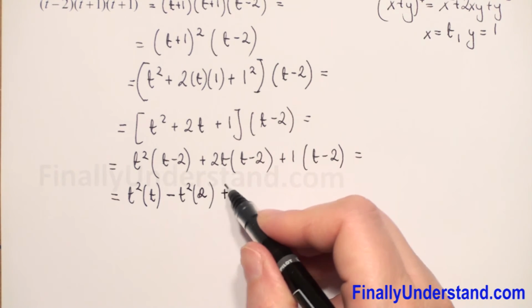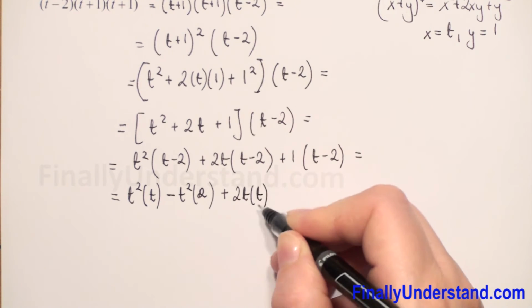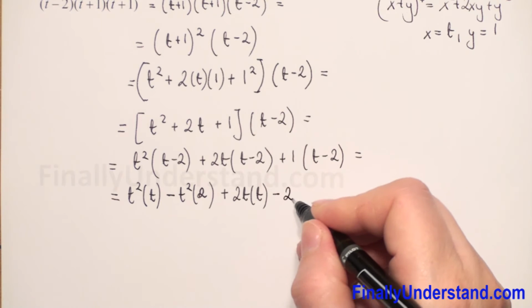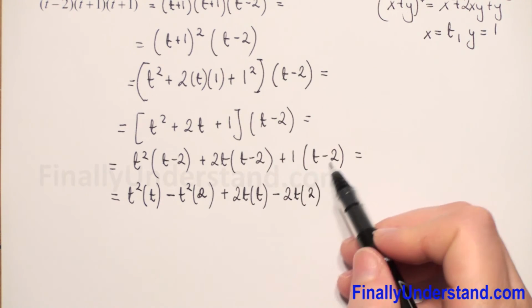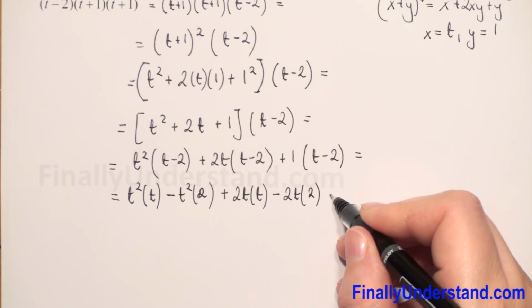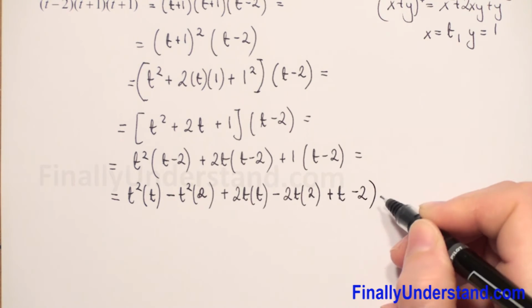And next we have to distribute 2t, so it will be 2t times t, and 2t, positive times negative will be negative, 2t times 2. And now when we multiply this whole expression times 1, it doesn't change anything. We will still have the same expression, so we have plus t minus 2.